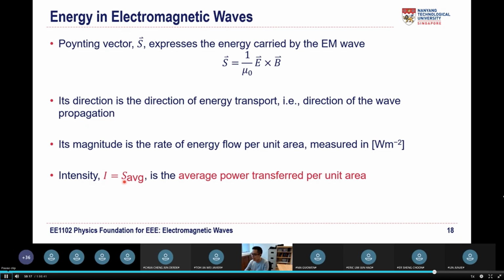So we can also calculate the average of that, because it's something that is changing with time. If we calculate the average, it's just going to be something that is constant. So that gives us the intensity of the electromagnetic wave, or the intensity of the light. So how bright the light in my room is, is the intensity, and that depends on the S vector, and that depends on the strength of the electric field and magnetic field that is oscillating while it is traveling to brighten my area.